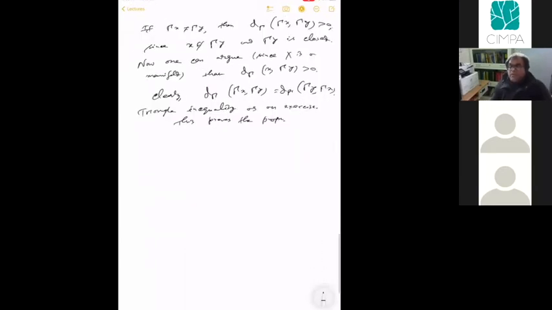The punchline is that if you have a group action where gamma orbits are closed, then you can pull down the metric of X to a metric on the quotient. Now a few more observations.